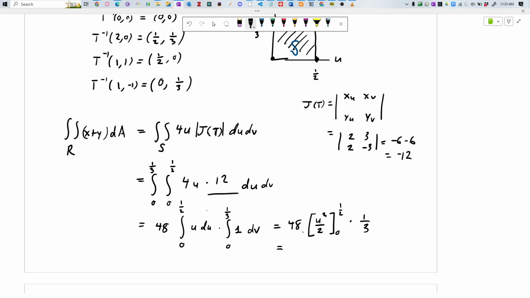I'm going to simplify things. So 48, plugging that in, that's just going to be 1 over 8 times 1 over 3. This cancels and gives you 6. That cancels with the 3, giving you just 2.